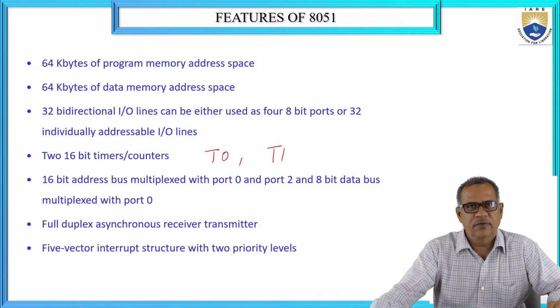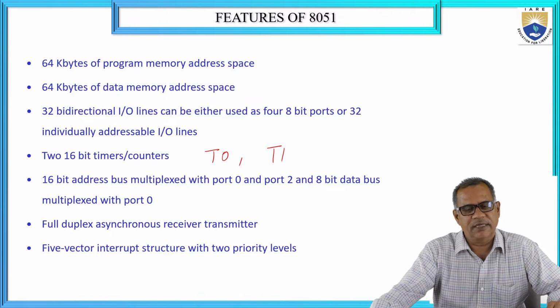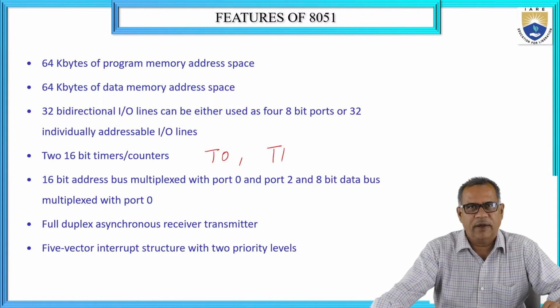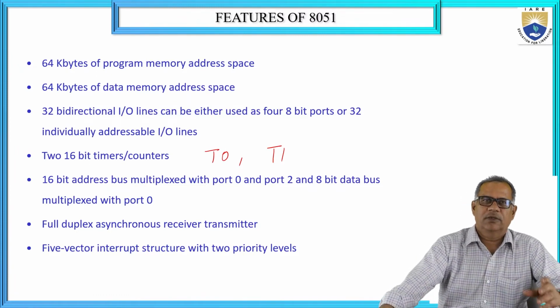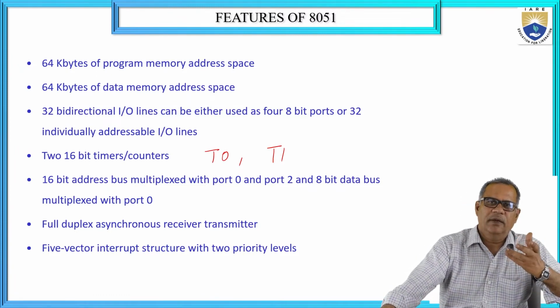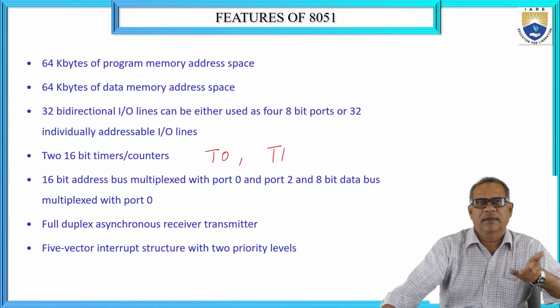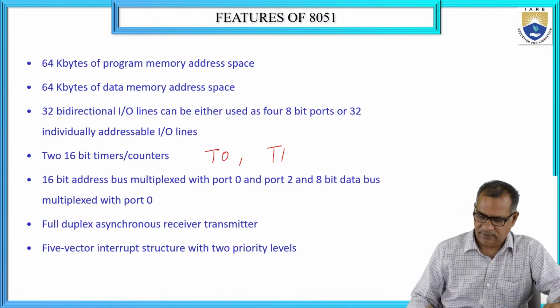It has a full duplex asynchronous receiver transmitter, so you can use the 8051 for serial communication also. And it has a 5-vector interrupt structure with 2 priority levels. There are 5 interrupts: 2 are external interrupts and 3 are internal interrupts.